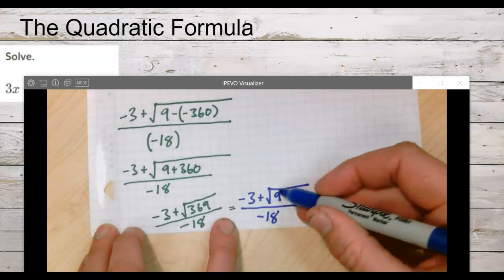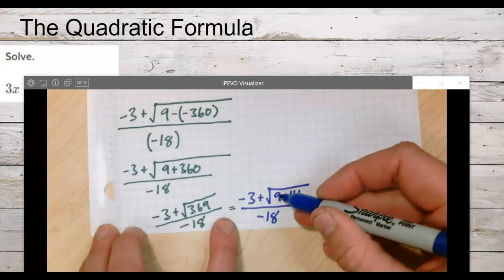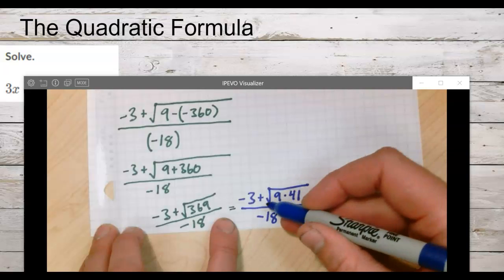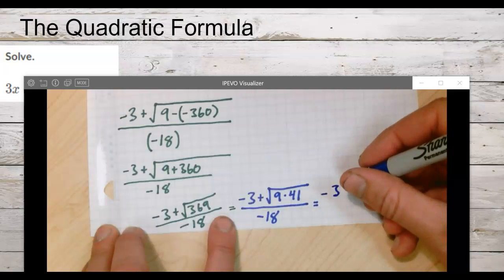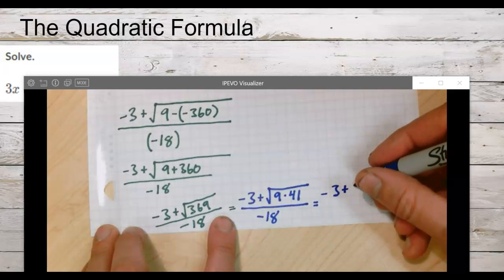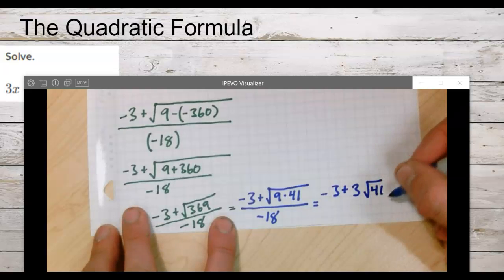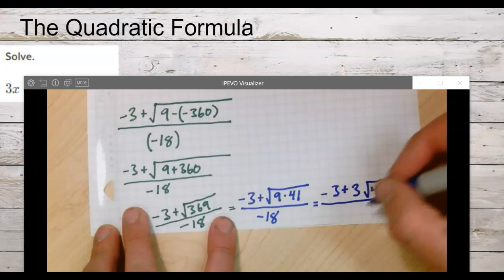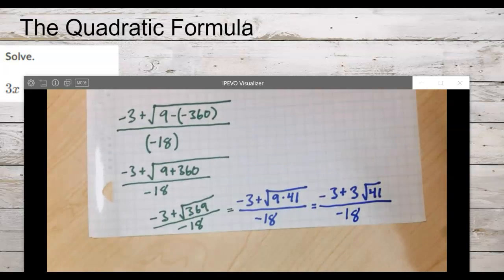We can clean this up by factoring out or like kind of reducing out any perfect square that we can take. So this becomes -3 plus 3 radical 41 all over -18.